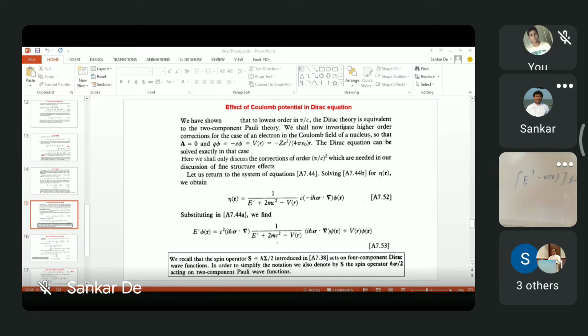So again I put this thing like this, and as I wanted to find out just the E prime psi r, I just took this one outside. So I got E prime psi r c square something like this, and plus V r psi r. Yes, it is exact in that way.